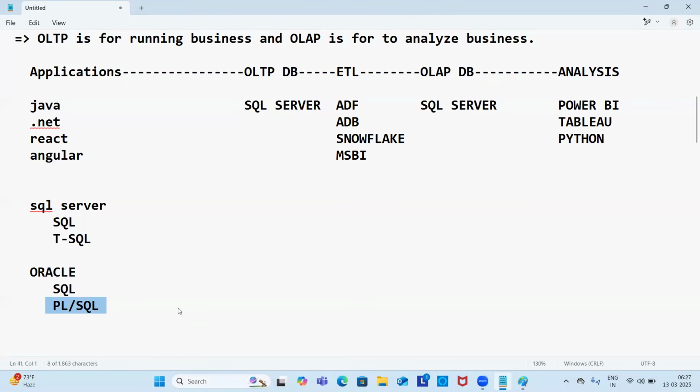But the concepts are the same, coding is the same, everything is the same, only the name is different. In SQL Server, we call it TSQL. If you go to Oracle, they call it PLSQL.